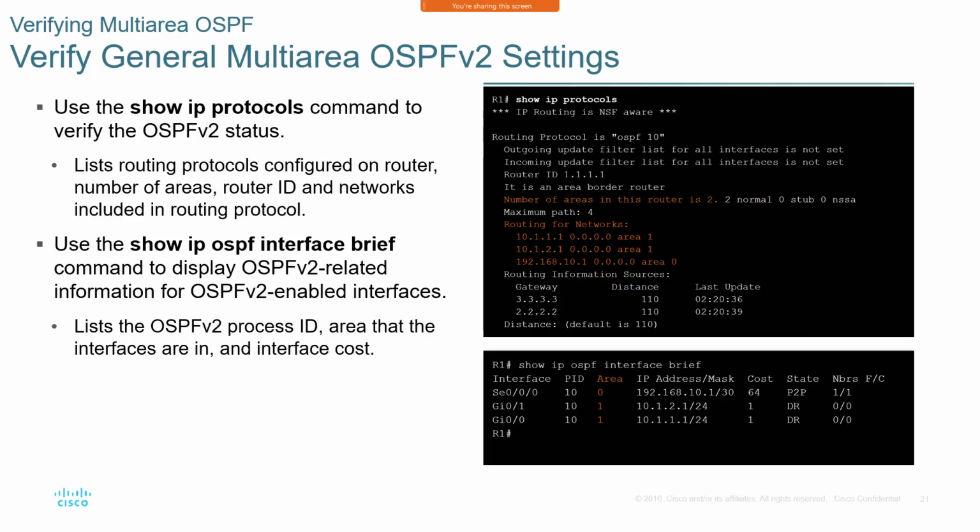It's also going to tell us what networks we are currently advertising and in which area we are advertising them. It's also going to show us where it is learning this information from.